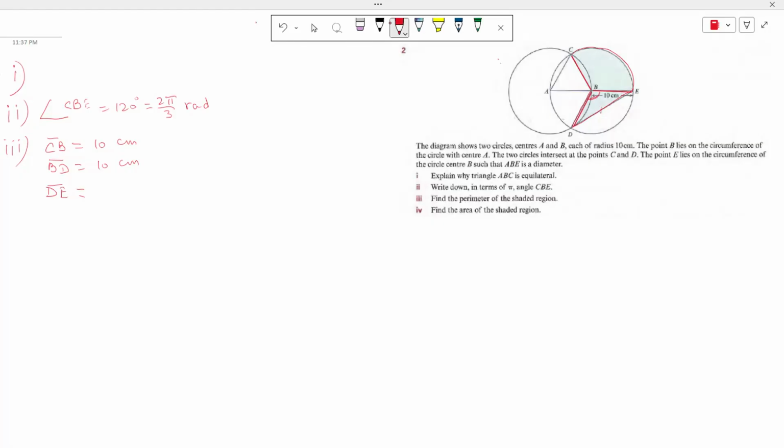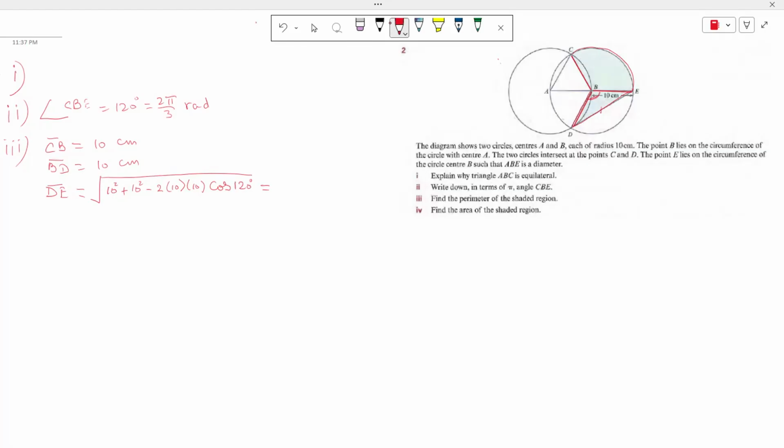I hope you remember the law of cosines. DE is the square root of BE squared, that is 10 squared, plus BD squared, which is again 10 squared, minus 2 times BD times BE times the cosine of the angle between them, and this angle is also 120 degrees.